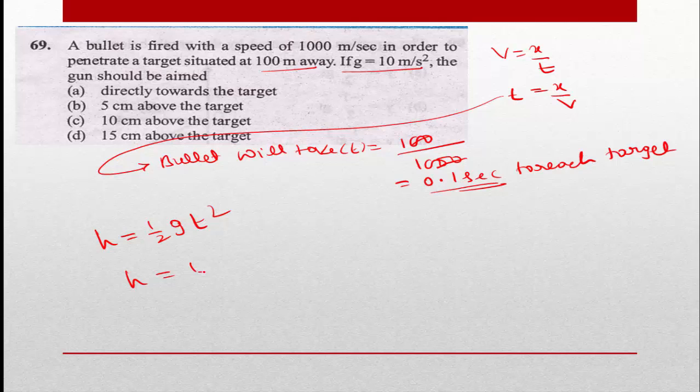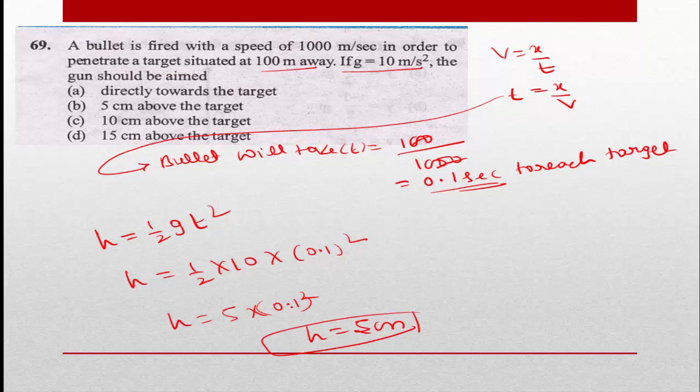So h is equal to 1 by 2 into 10 into 0.1 whole square, therefore 5 into 0.1 whole square. We get the answer h equal to 5 centimeter. So the gun should be aimed 5 centimeter above the target. Option B is the right answer.